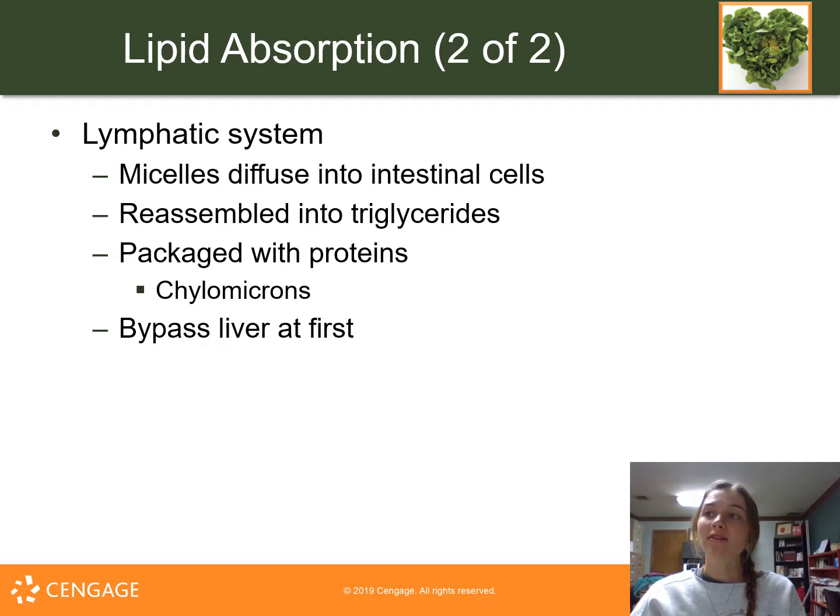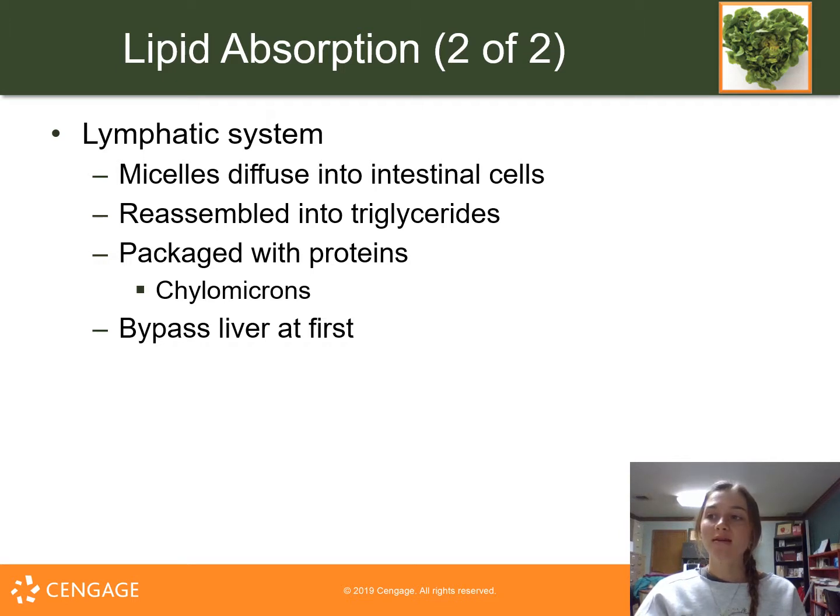And then it's released by the intestinal cells into the lymphatic system. It then glides through the lymph till reaching the point of entry into the bloodstream at the thoracic duct, which, remember, is near the heart. And also remember that any GI nutrients that enter the lymph first bypass the liver.